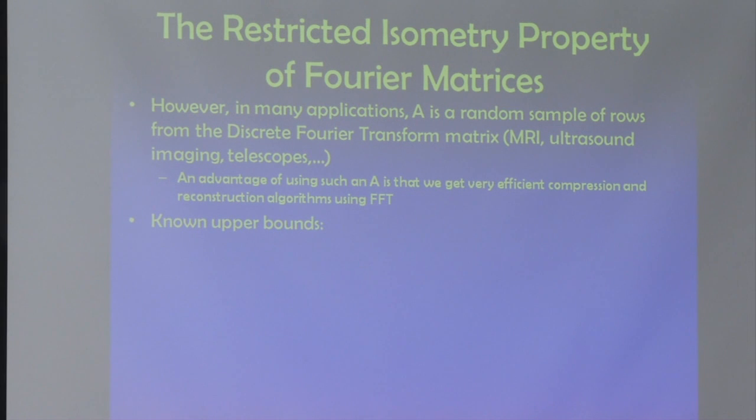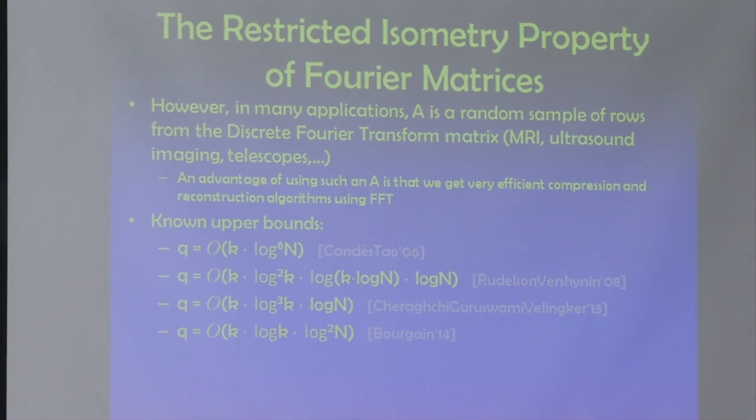So this was a question that people looked at. Let me not try to further motivate it. There are lots of known upper bounds. This started from the original paper, Candes and Tao. They showed a worst bound of k log to the power 6 n. Remember, this is like what the random matrix gives you.